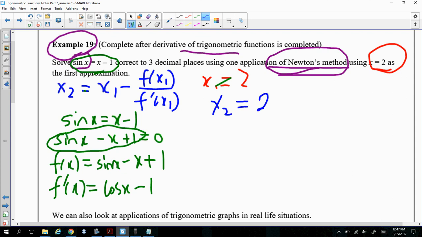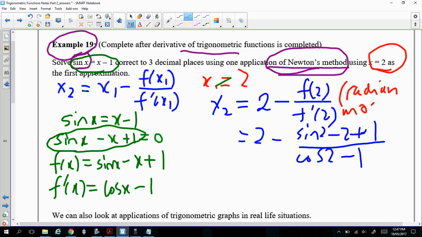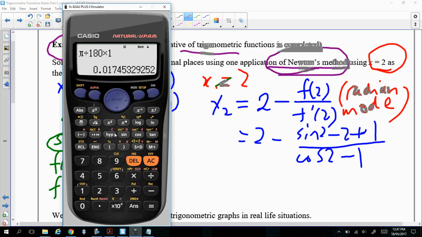Remember to use radian mode on your calculator. Check it's in radian mode. It is. Make sure you close the bracket, otherwise you get the wrong answer. Press equal, you'll get 1.935.